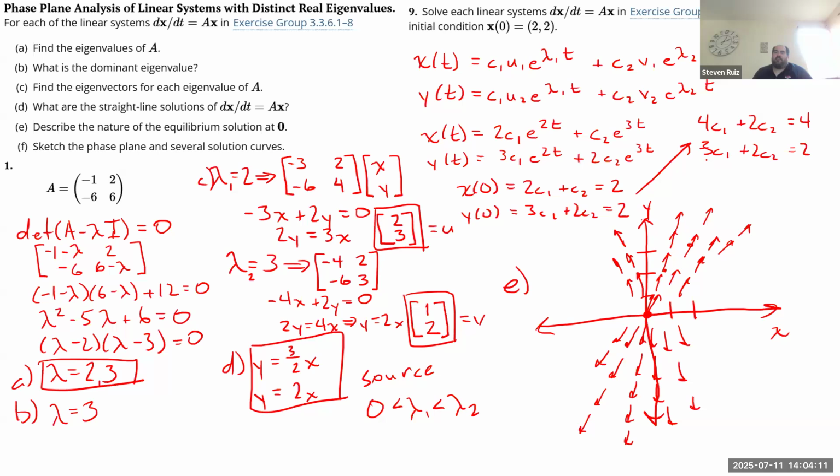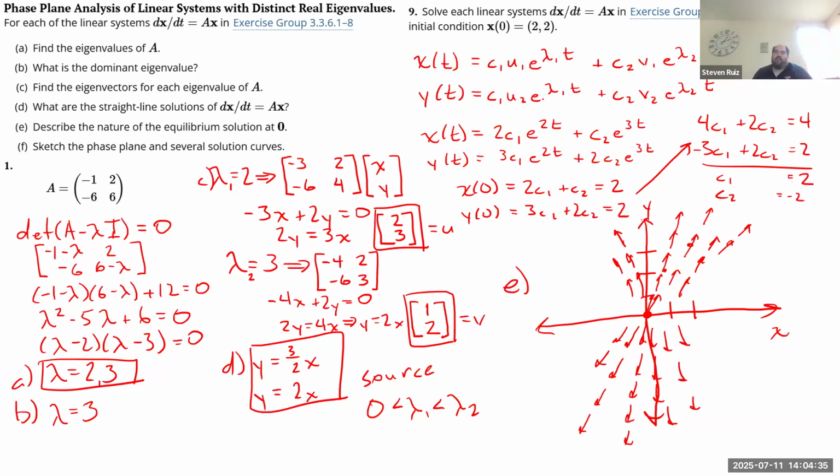If I subtract straight down, what do I get? I get c1 equals 2. If c1 equals 2, I can plug it back into either one of my equations, and I get 2 times 2, 4 plus c2 equals 2, so c2 equals negative 2.